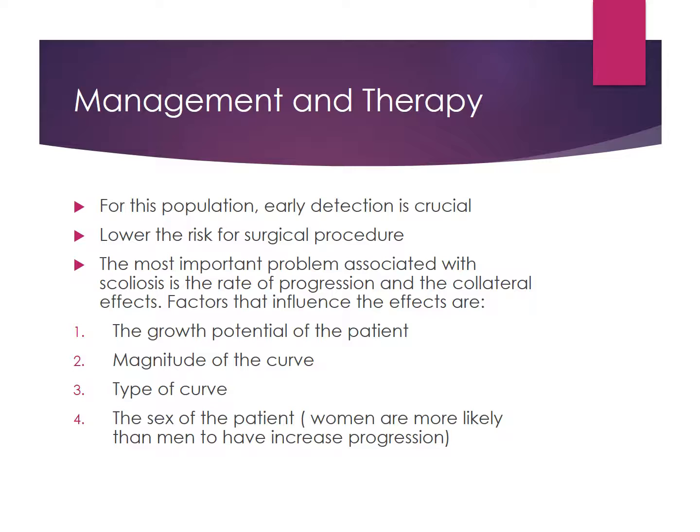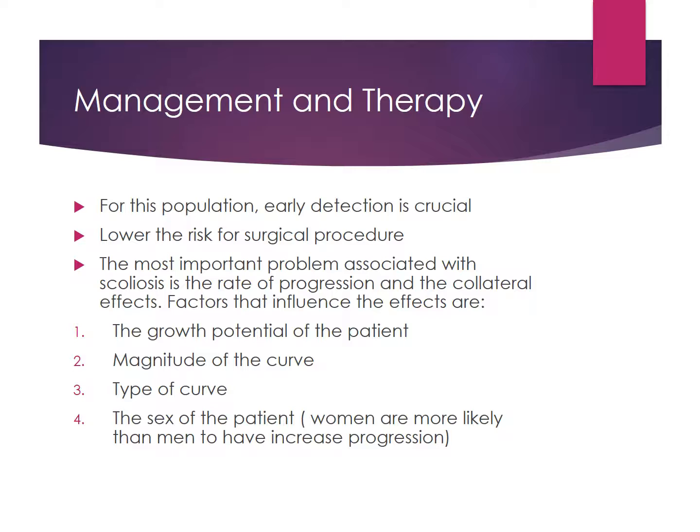Factors that influence the effects are the growth potential of the patient and the magnitude of the curve. Curves greater than 10 need minimal non-invasive procedure, while curves that are 40 degrees or greater are more likely to need some kind of surgical intervention to correct the progression.